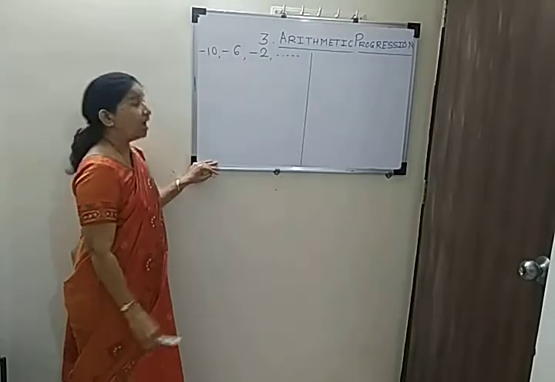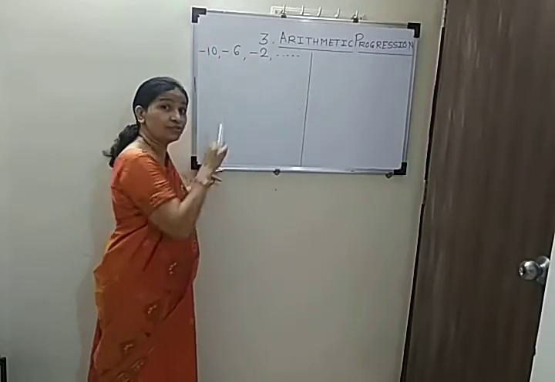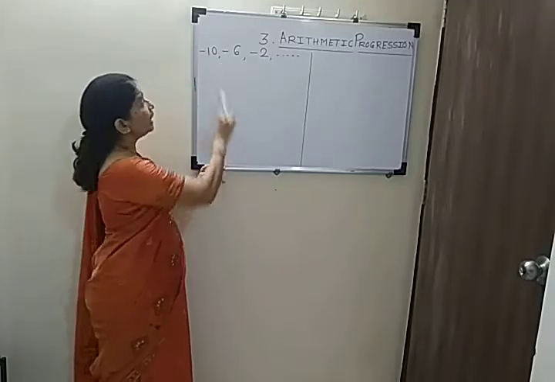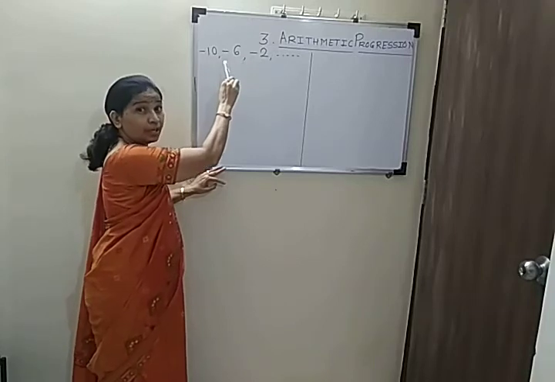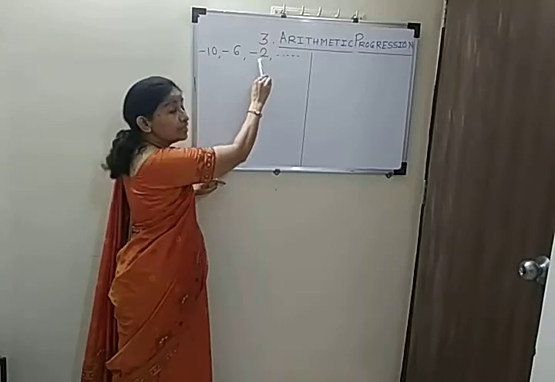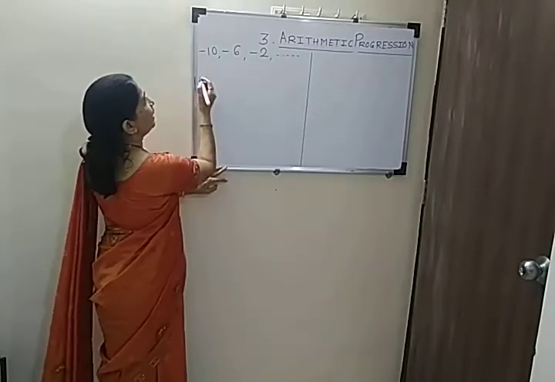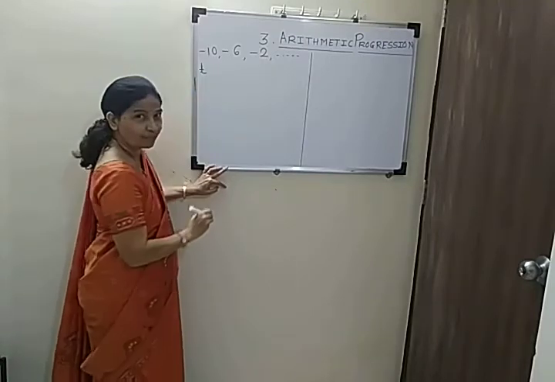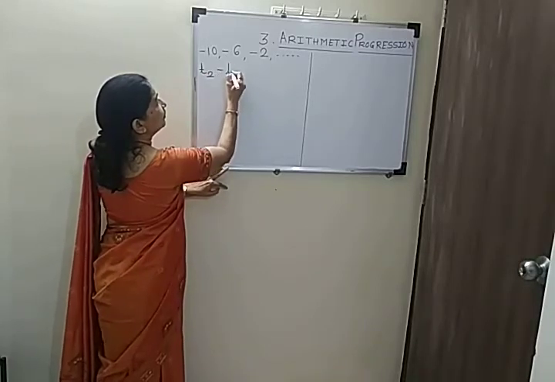Then only we will call this sequence an AP if the difference between the consecutive terms remains constant. For that, we took the difference like T2 minus T1.